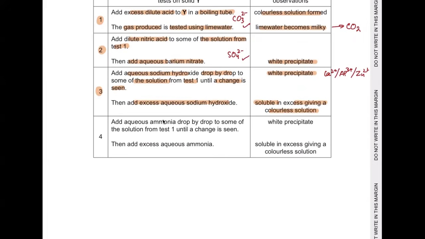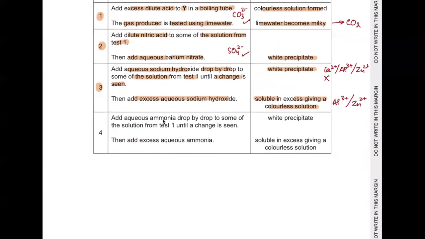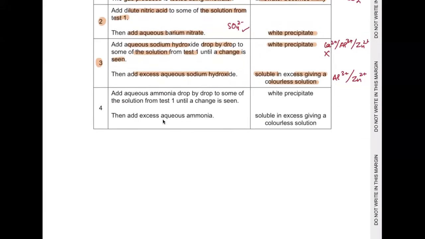So from this, calcium ion can be excluded. Then it is either aluminium ion or zinc ion. Is this clear? Yes, sir. Is it clear to all of you? Yes, sir. Okay.